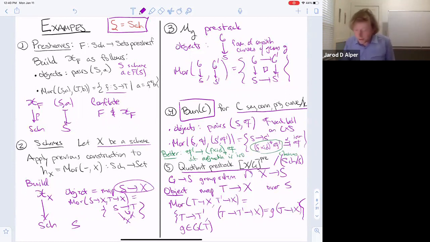In other words, G of T acts on X of T. Then a morphism is like what we considered in the moduli groupoid of orbits. A morphism is the data of an element, functorially, that sends one morphism to the other. That's all it is.